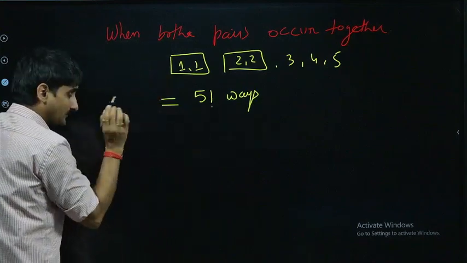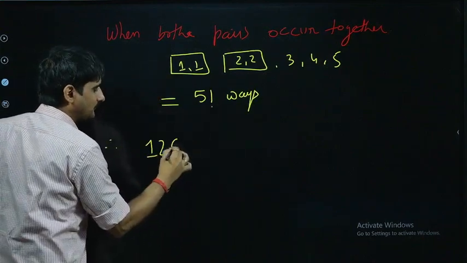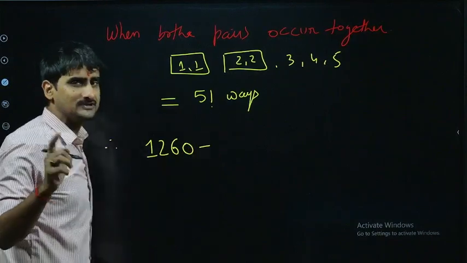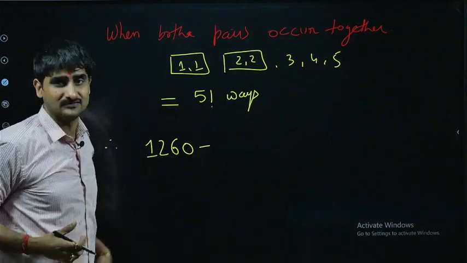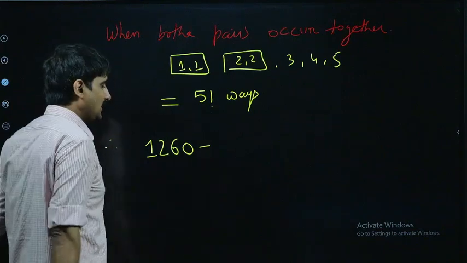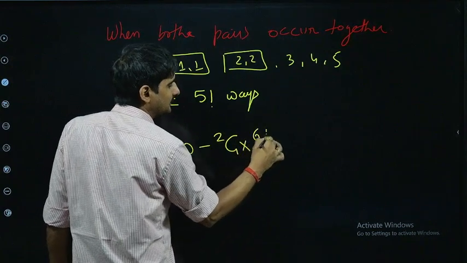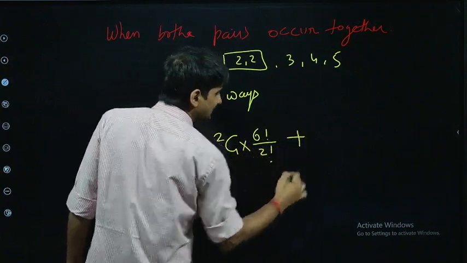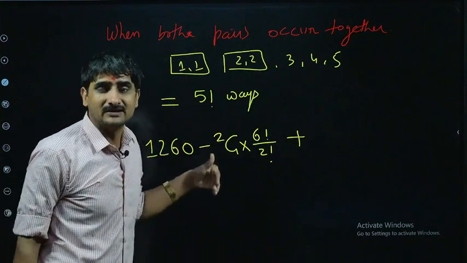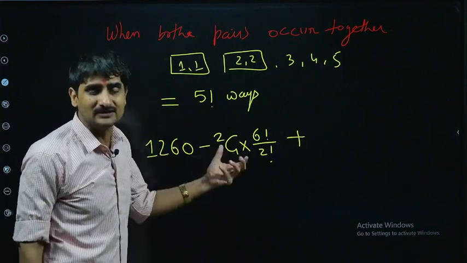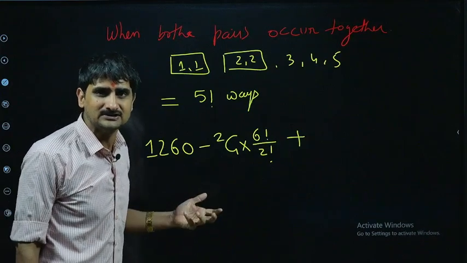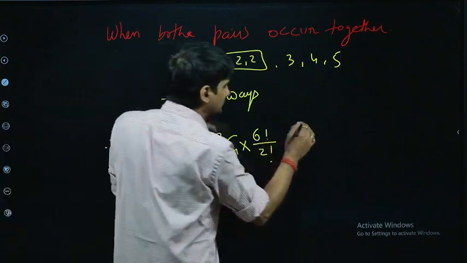So therefore, what should be the answer? Total number of ways of arrangement, which includes all possible ways of arrangement. From there, exclude those ways when at least one of them occurs together. And then you have excluded several extra cases, because there are repetitions. So you have to include those cases.